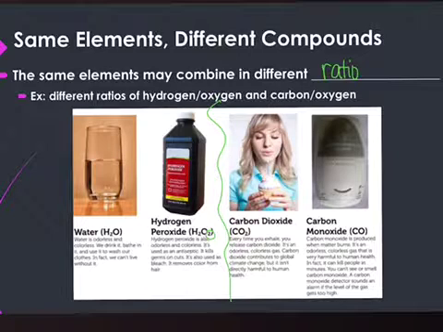Again, it's similar to water in that it's odorless and colorless, but it's used as an antiseptic to help clean out cuts. And it can be used as a bleach as well. Carbon dioxide and carbon monoxide, again, both have carbon and oxygen, but the difference of 1 oxygen atom can change it from something you exhale when you breathe to a substance, carbon monoxide, that would kill you.